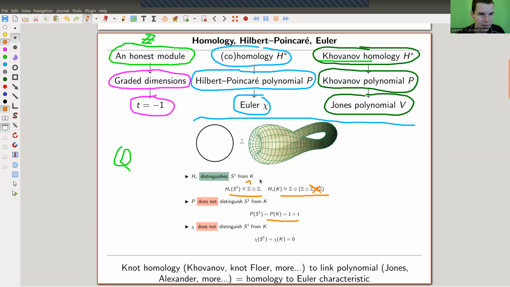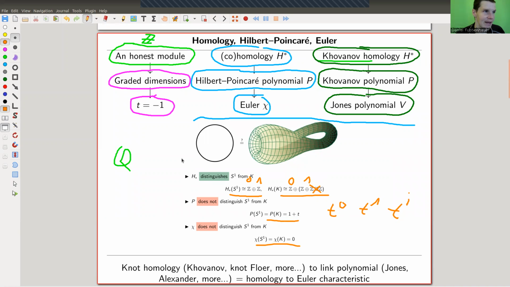This is in degree 0, this is in degree 1. Instead of degree 1, I just write the variable t. Instead of degree 0, I write t to the 0, and in degree i, I write t to the i. I just get a polynomial, and that's called the Hilbert-Poincaré polynomial. I specialize the polynomial at t equals -1, and I get the Euler characteristic.